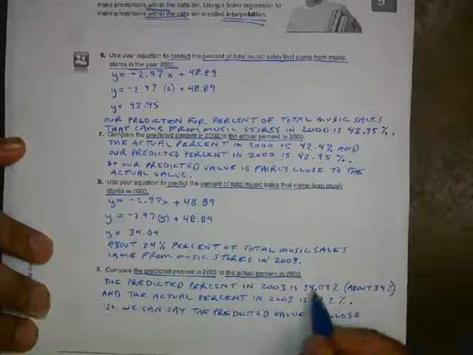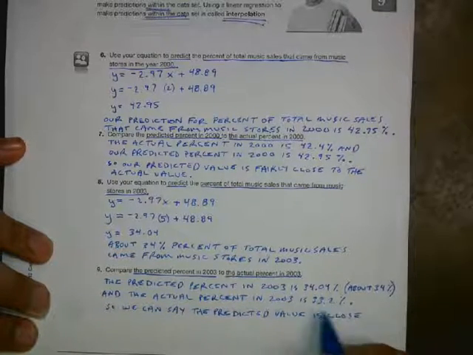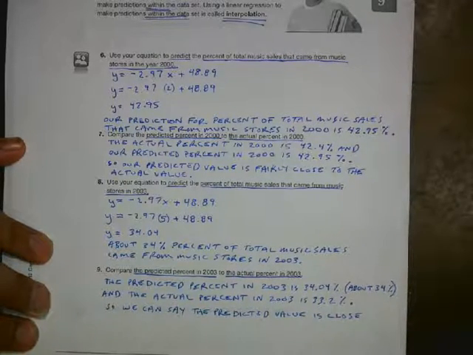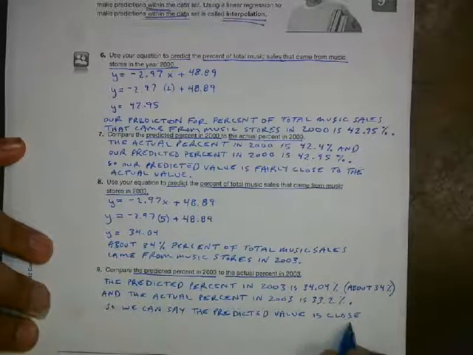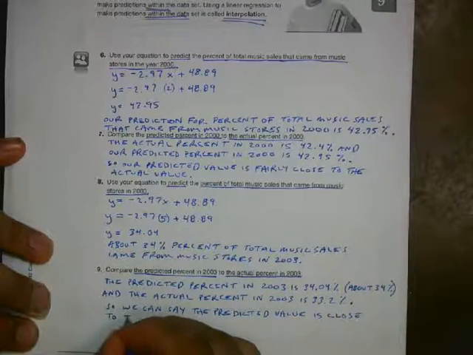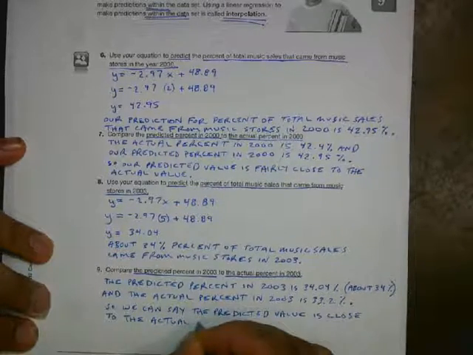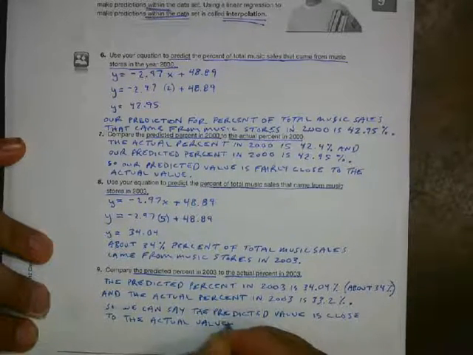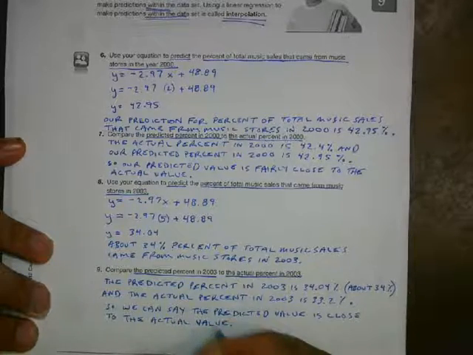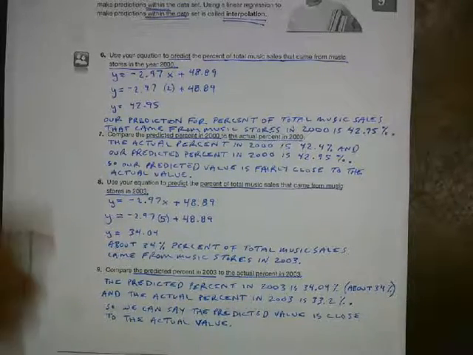I think these two are fairly close. 34.04% and 33.2%. Yeah. So the predicted value is close to the actual value. Okay.